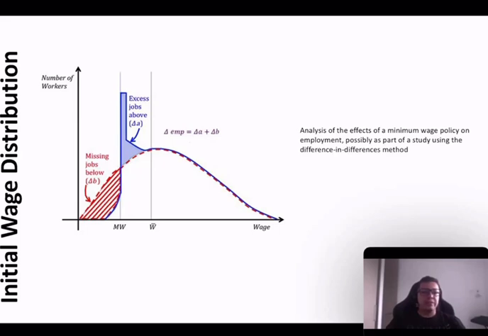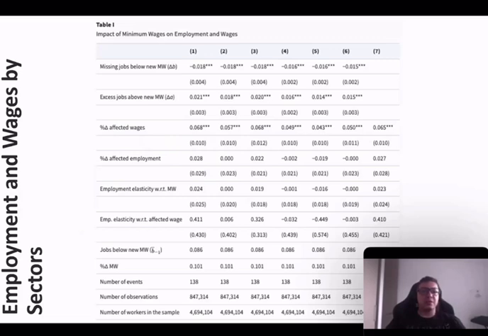In a difference-in-difference context, a study using this type of analysis will compare how this area changes in regions or sectors that were affected by the minimum wage policy compared to those that were not. The study focuses on the United States, where minimum wage laws vary by state, allowing for comparison across different scenarios and outcomes.